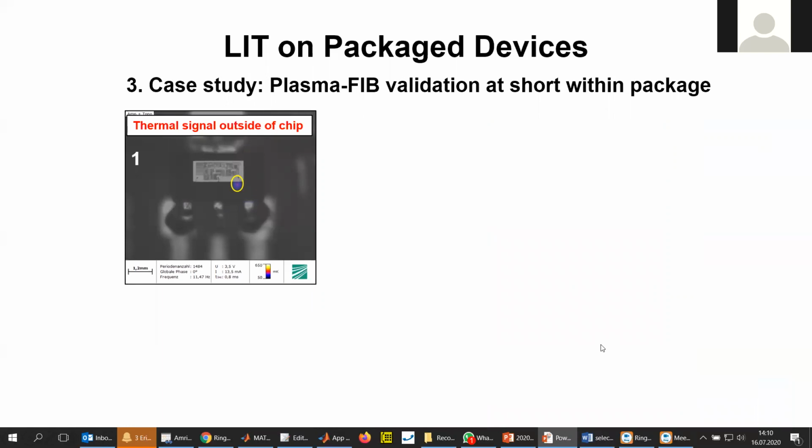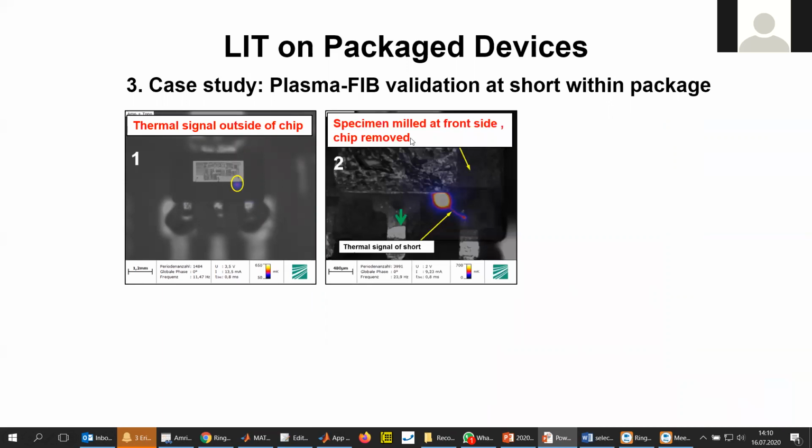The third case study that I want to show you looks at also a packaged device which was already open. So you see the IC structure here, and doing lock-in thermography, we've observed a hotspot outside the chip in the molding compound. So we further thinned the molding compound, which required removing the chip. We got a much nicer, much clearer idea of that hotspot.